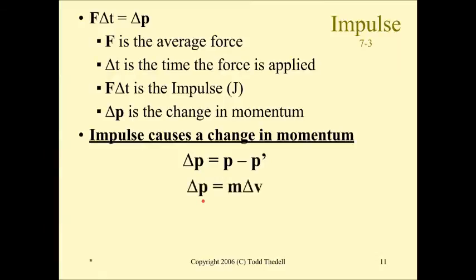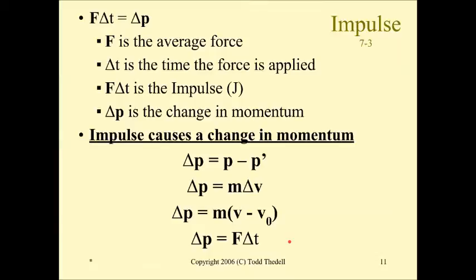A change in momentum can also be mass times the change in velocity. So if you're given the velocities and the mass of the object, then you can find the change in momentum. And this is basically broken down to m times v final minus v initial. And that, of course, is equal to impulse. So there's a lot of different ways to look at it.